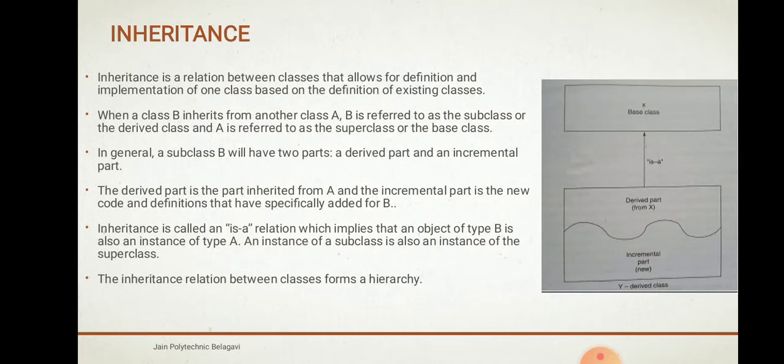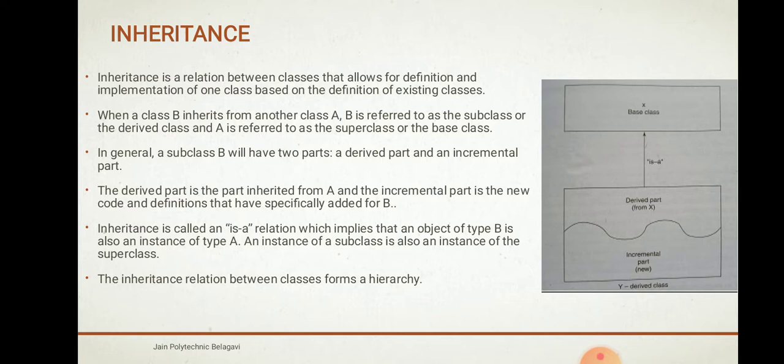Now what is inheritance? Inheritance is a relation between classes that allows for the definition and implementation of one class based on the definition of an existing class. As you can see in the diagram, X is a base class.